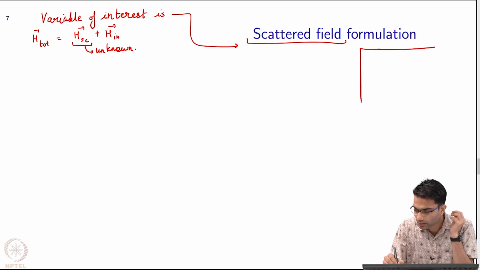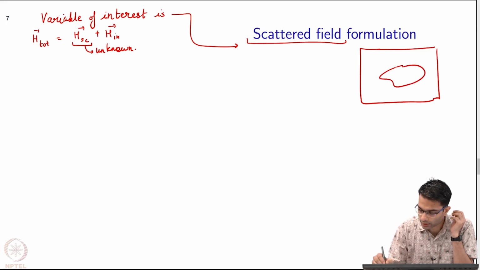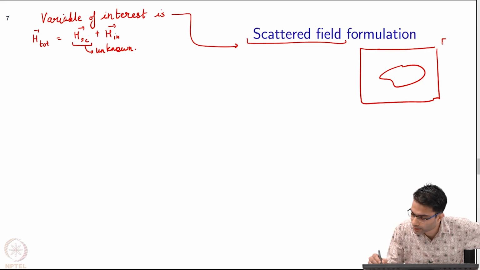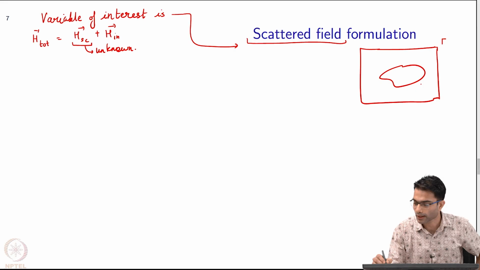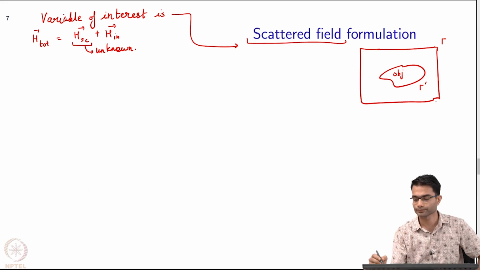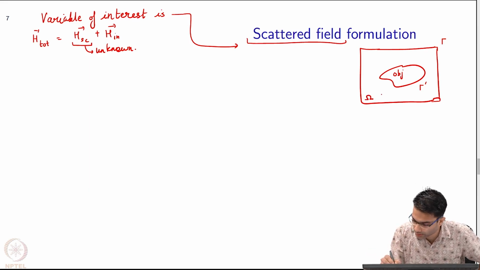Let us take our domain like this, and this is some object. We have said that the notation is gamma is the outermost boundary and gamma prime is the object. So, we can call this omega and this omega prime.